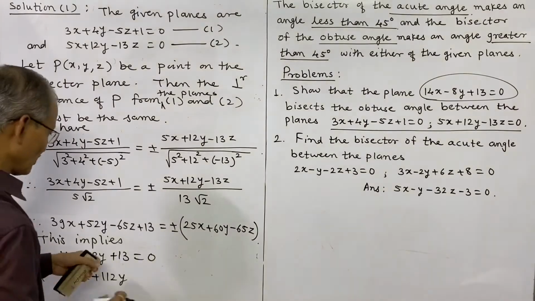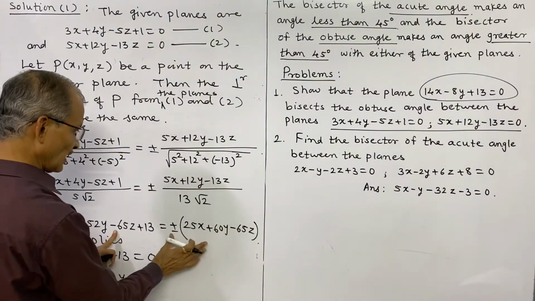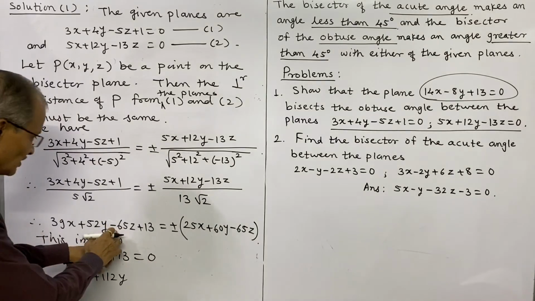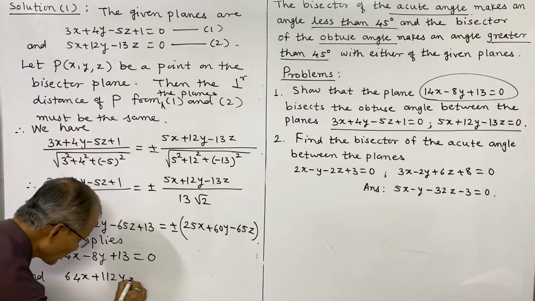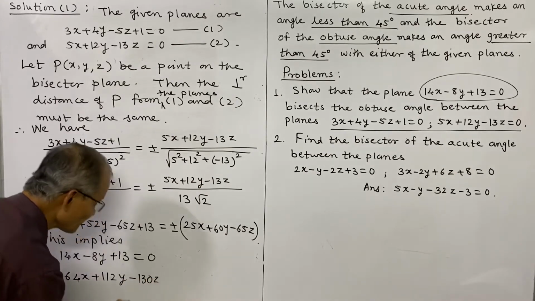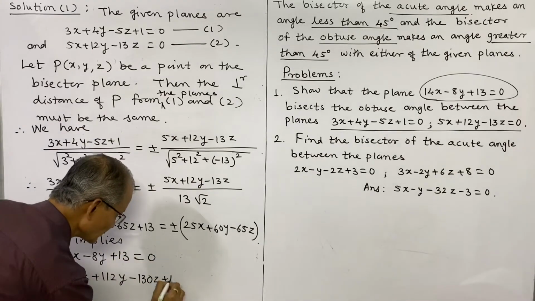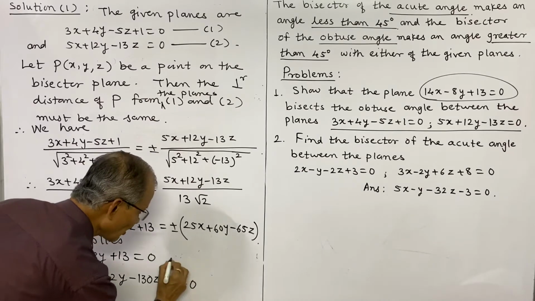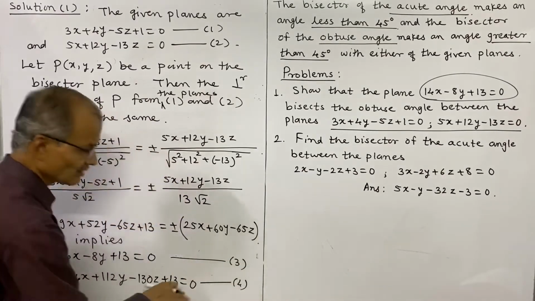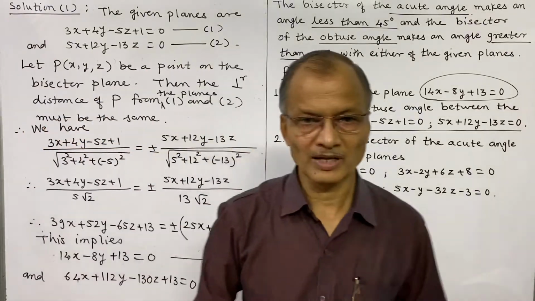And what about this? It is actually positive, and when it is taken to this side, it becomes negative: minus 65 minus 65, that is minus 130 times z, and plus 13 is equal to 0. So thus we have obtained these two bisector planes, the angle bisecting planes.